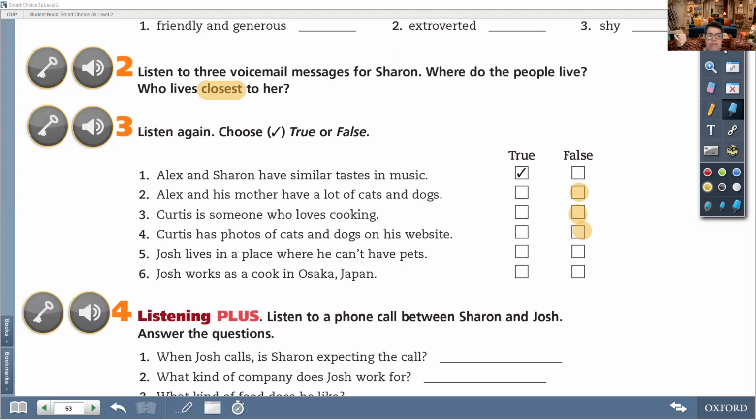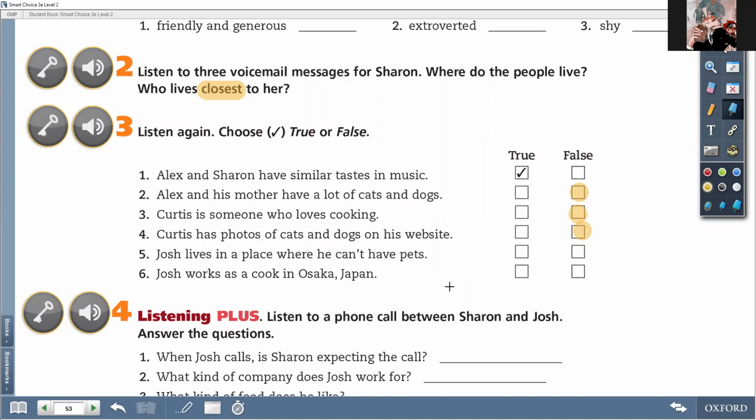Hi, Sharon. I just read your message, and you sound like someone who I'd like to meet. My name is Josh. I'm a teacher, and I love dogs and cats. I don't have any pets because my apartment is too small. I like classical music, and I'm starting to get into jazz, but I'm not sure I understand it yet.